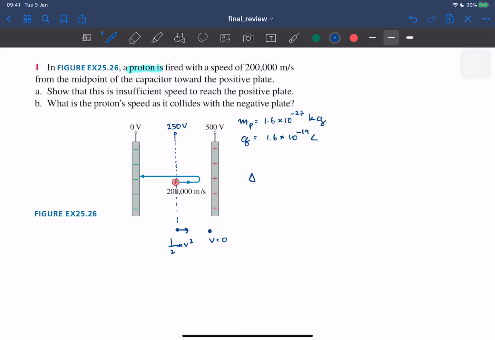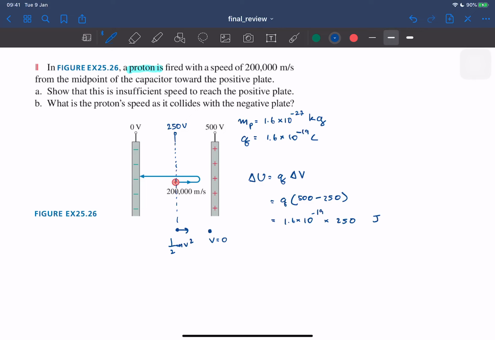So the change in potential energy, delta U, is the charge times the change in the potential. So that's going to be Q times 500 volt minus 250 volt. And that's going to be 1.6 times 10 to the minus 19 coulomb times 250 volt. Okay, and that's going to be in joules.